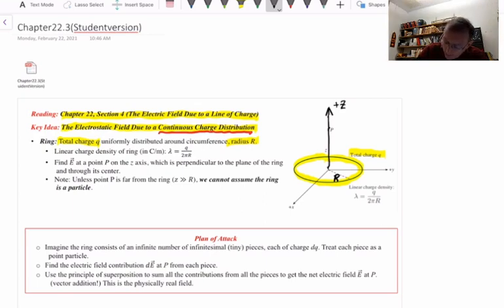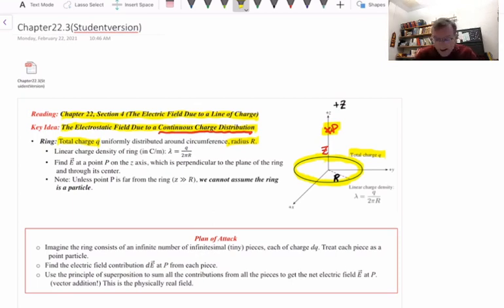And we're going to pick a point P, it's just a point, there's no actual charge up there, that's on the Z-axis at coordinate Z. If you like, that's the distance of point P from the origin. We want to know the electric field at that point P, created by that charged ring.